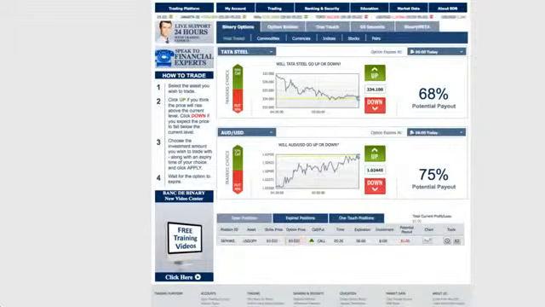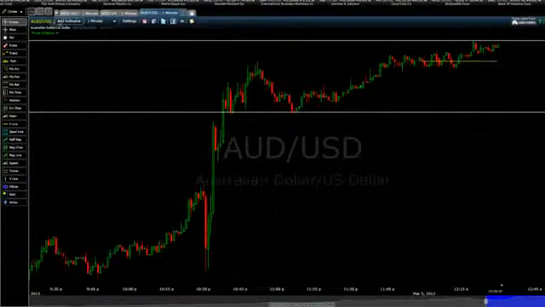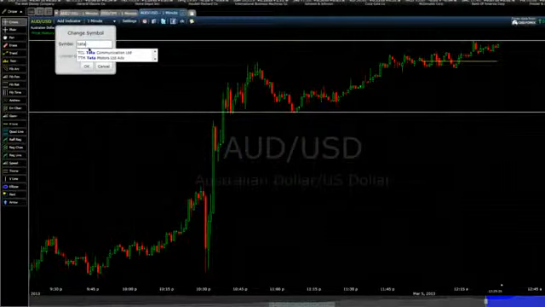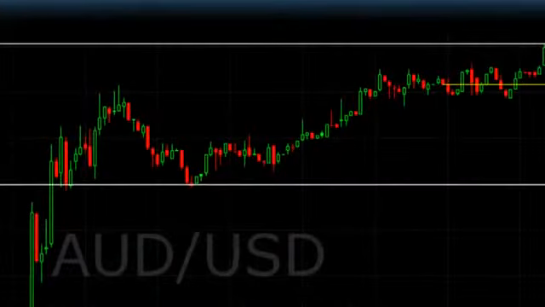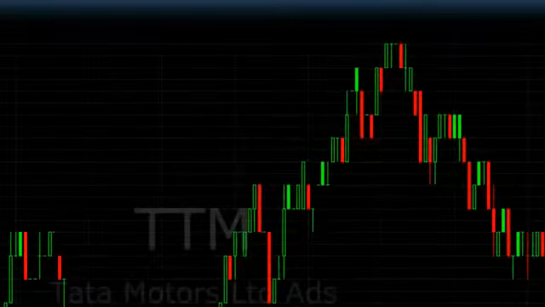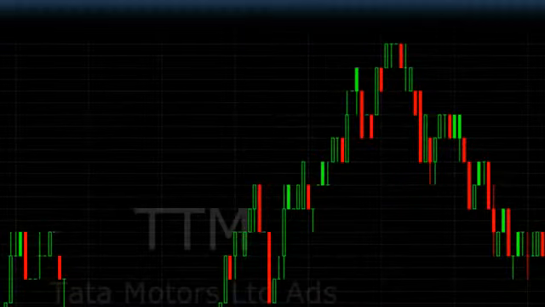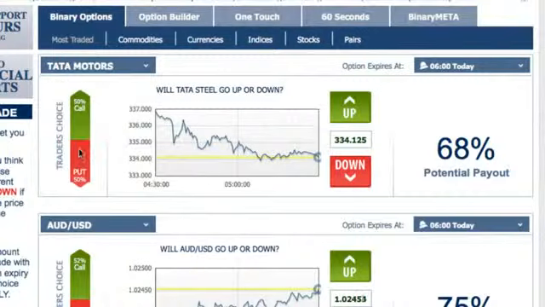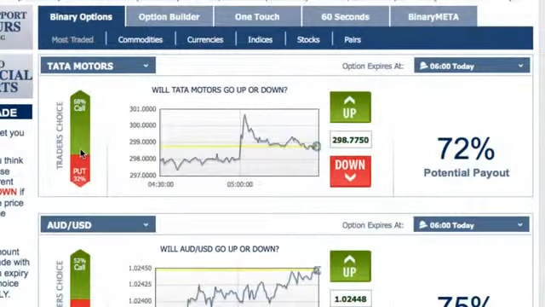Let's see if we can bring it up in the graph. This is Tata Motors, not the one I'm after. Bring up Tata Motors here. Again, no, this is not what I'm after. Very sideways trend.